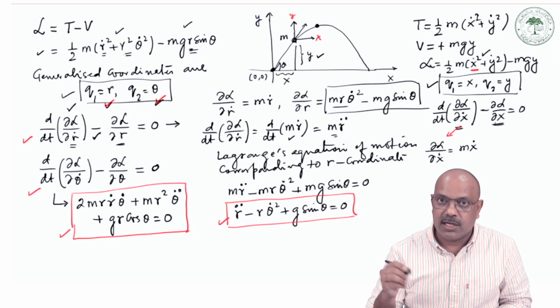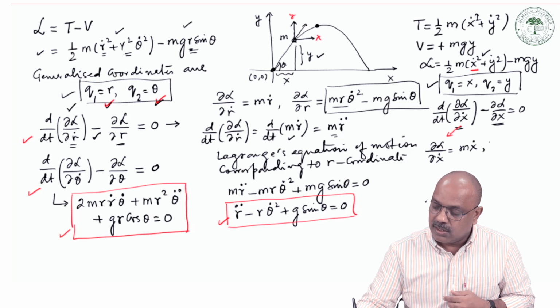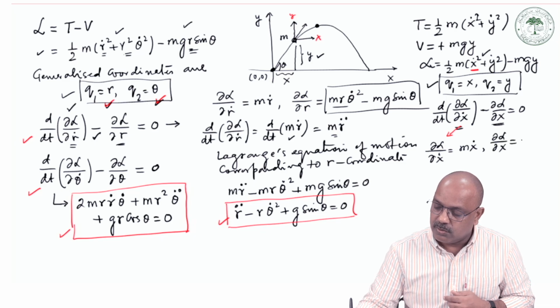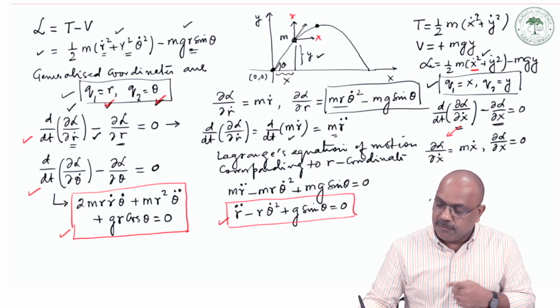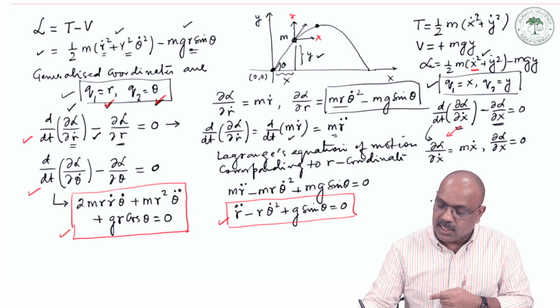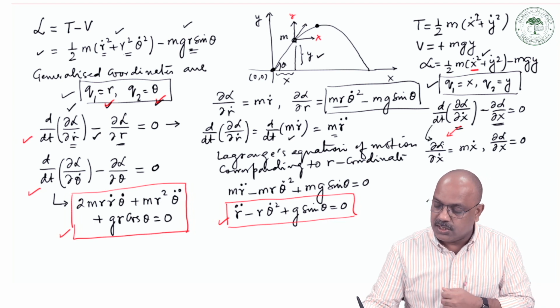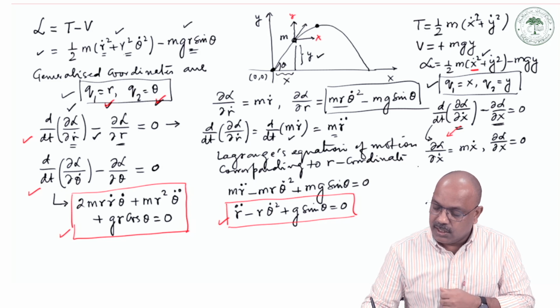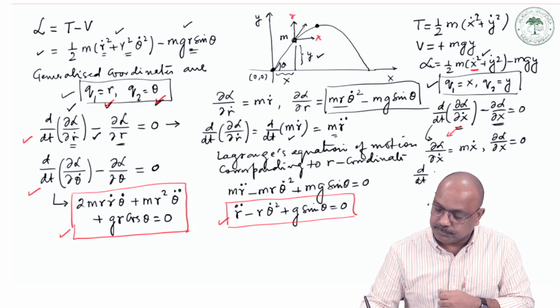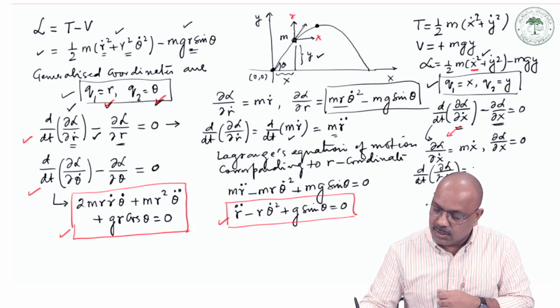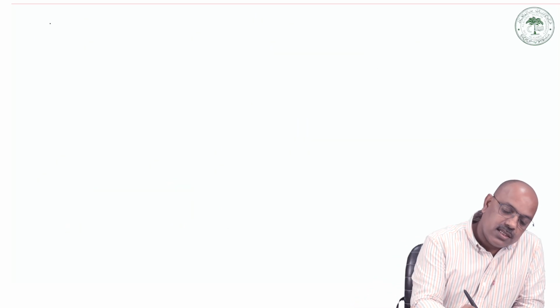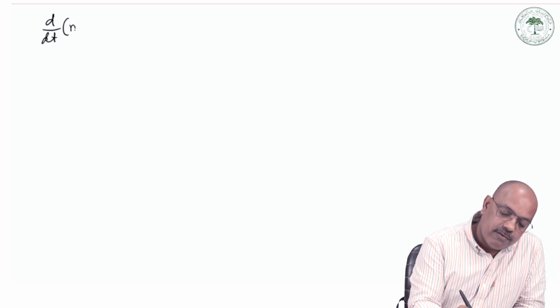Because there is no x dependence in the Lagrangian, delta L by delta x is 0. Now I take d dt of delta L by delta x dot.